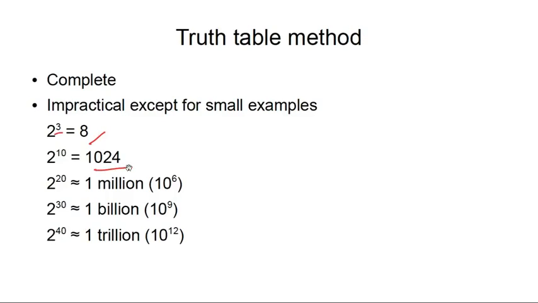That's still very small for a computer. But because the number of truth assignments grows exponentially in terms of the number of propositions, this quickly gets out of control. By the time you get to 40 propositions, there are about 1 trillion truth assignments to examine. So we need better methods for larger problems.